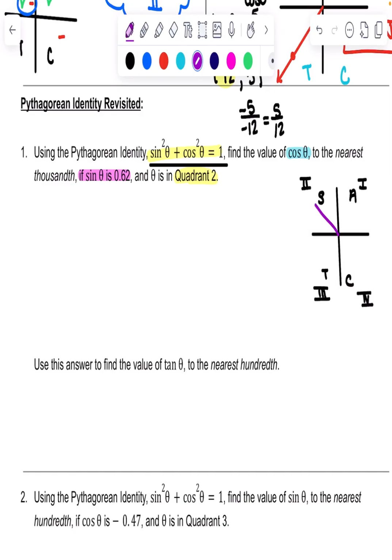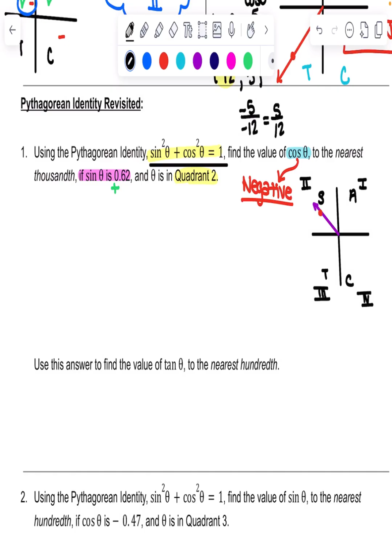So if we're in quadrant 2, sine's going to be the only positive function here. So I need to make note of that. Sine's positive. Cosine, when I find this value, it needs to be negative. Okay? So everyone make note of that. The x direction is negative, but the y is positive. So therefore, cosine's negative.